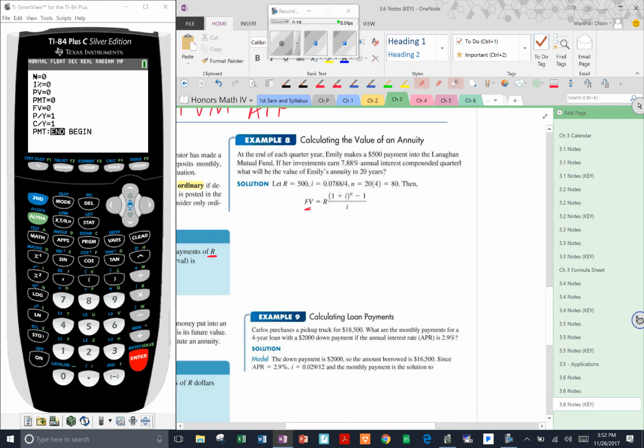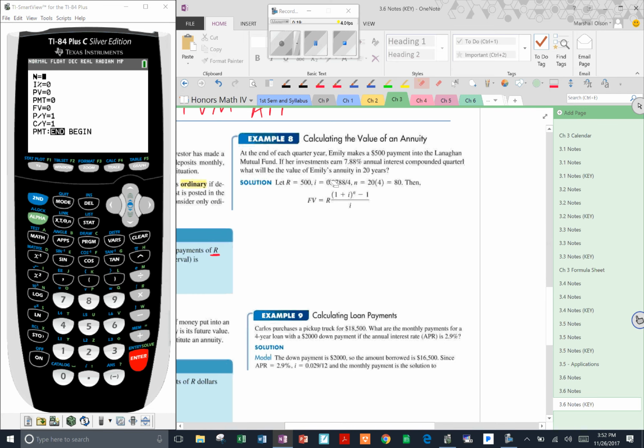So in this problem, N is 20 times 4 because we are going 20 years, and it's doing it every quarter. Okay, so and our R value is 500, and then the interest is as if we were calculating it compounded quarterly. So we take the annual interest and we divide it by 4.